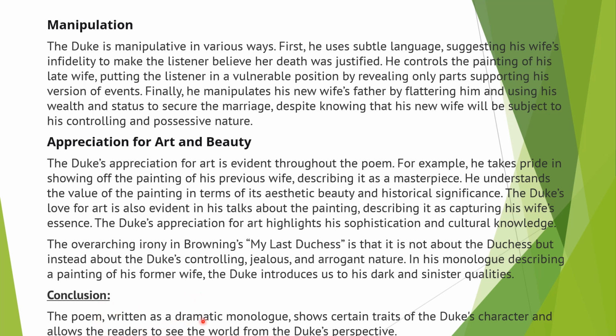The poem, written as a dramatic monologue, shows certain traits of the Duke's character and allows the readers to see the world from the Duke's perspective. Or any concluding sentences you can write. So this is the structure of an answer you should write in the examination, especially the essay type answer, students. So hope you will follow it. Read the answers clearly and try to learn them.